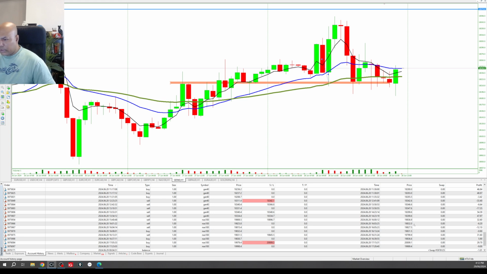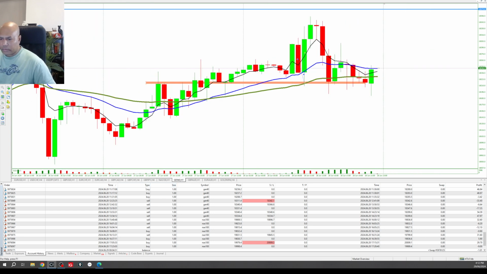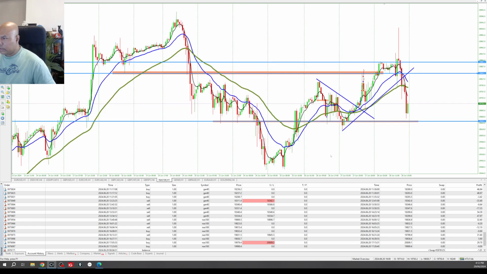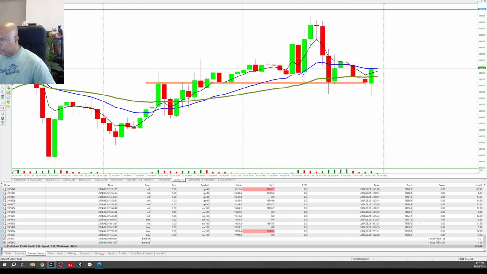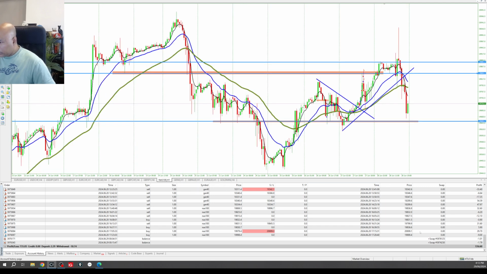And there were a couple of trades from Friday, yesterday, from the NAS100. Actually these are all German indexes, so this is 1, 2, 3, 4. And there were a couple of small trades from NAS100.